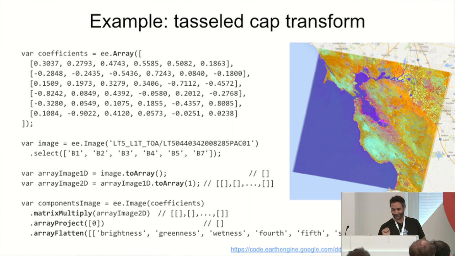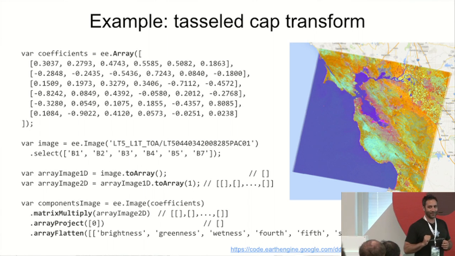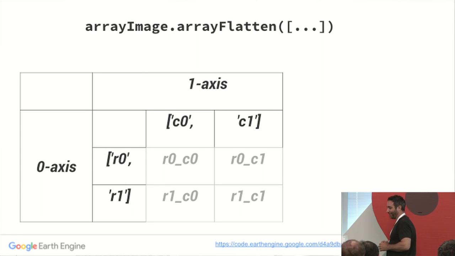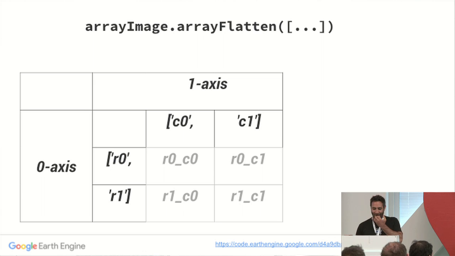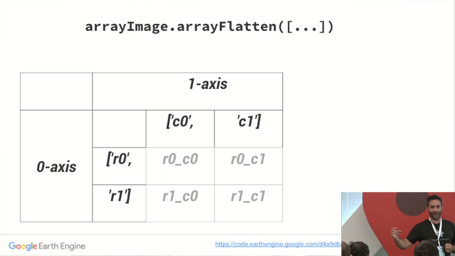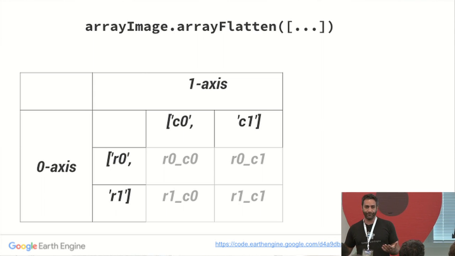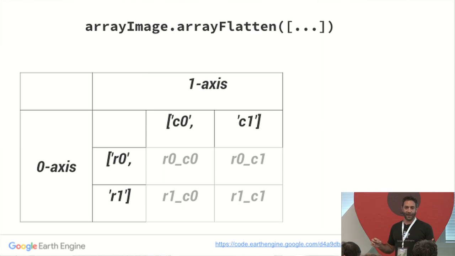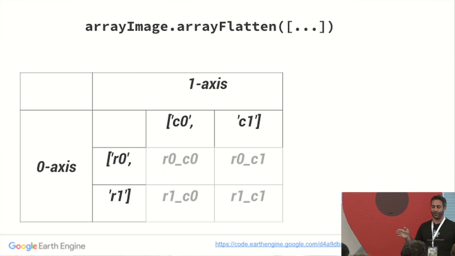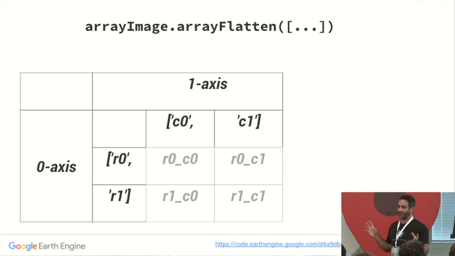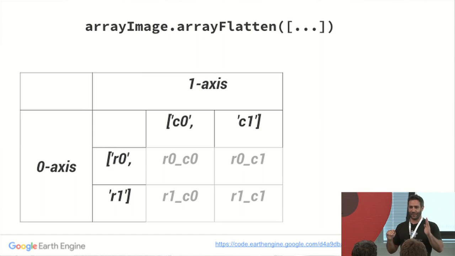Now, I promised something extra about array flatten here, and here it is. There's a situation where we're going to have something like this in a later example, specifically covariance between two bands. In that case, you've got this 2 by 2 thing in each pixel. If you call array flatten on that, Earth Engine is going to say, I don't know what to do. You have to give it names, and those names correspond to the two axes.